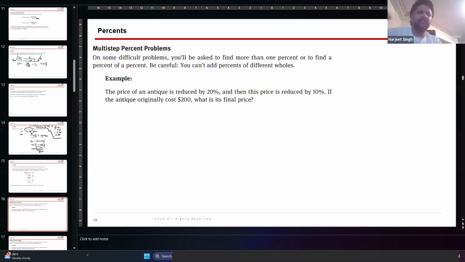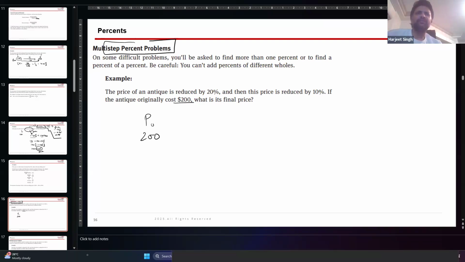A commonly asked setup could be a multi-step percent problem, and this is a classic example. The price of an antique is reduced by 20%. The original price is P0, which is given as $200.